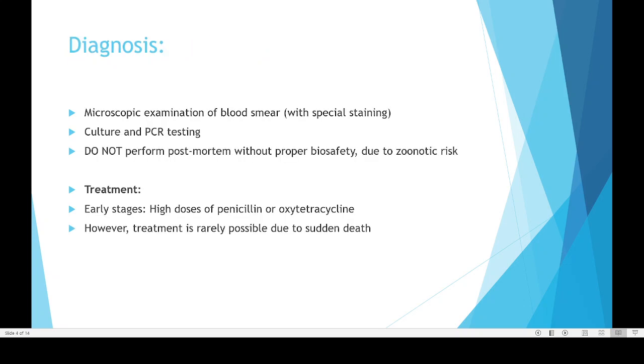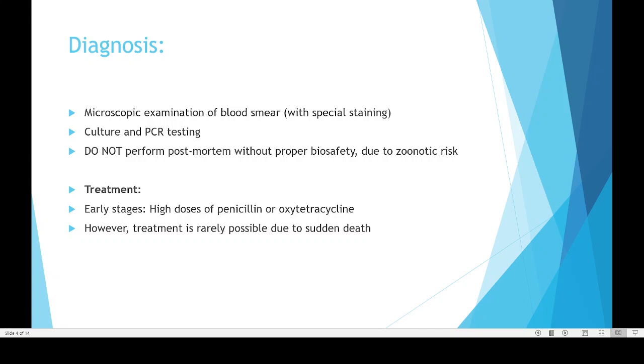Then how do we diagnose the disease? One is through microscopic examination. We check whether this bacteria is present or not. Then DNA testing, culture and PCR testing using DNA. Then do not perform post-mortem without biosafety due to zoonotic risk.